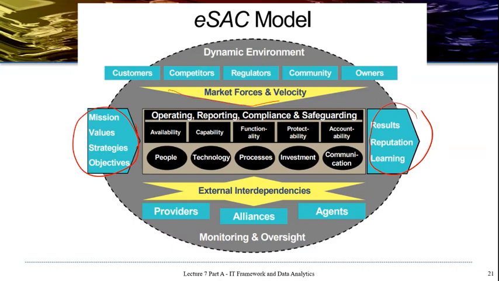Velocity means your speed is also required. Then there are external interdependencies like providers, alliances, and agents. Internally you have to do operating, reporting, compliance, and safeguarding, along with people, technology, processes, investment, and communication.